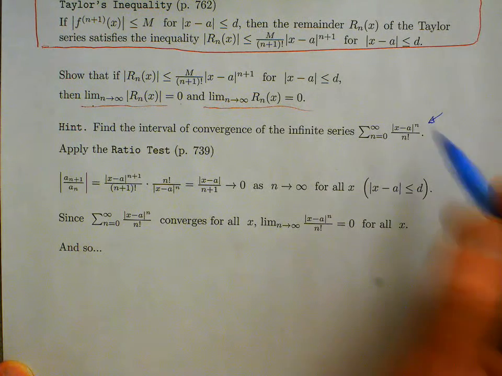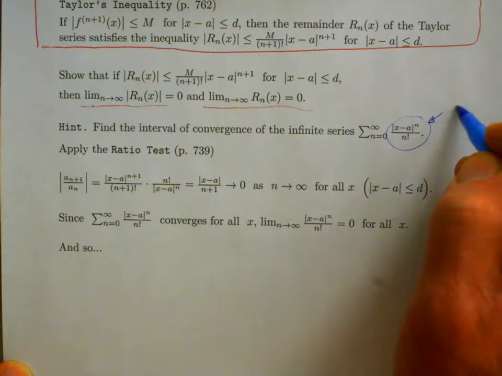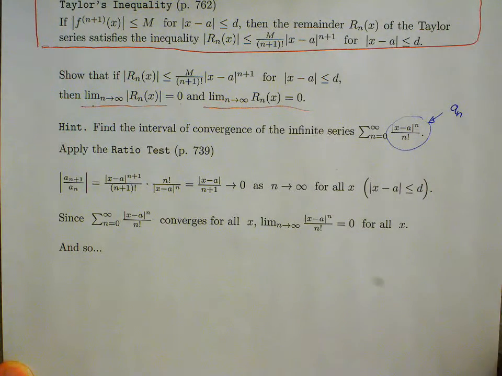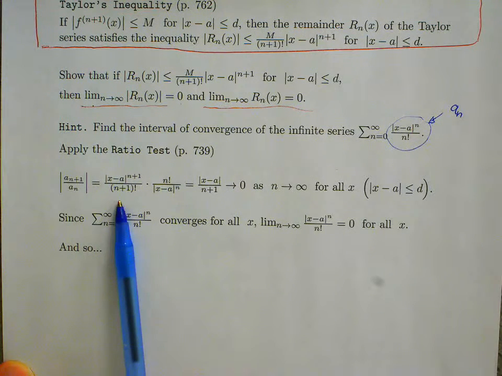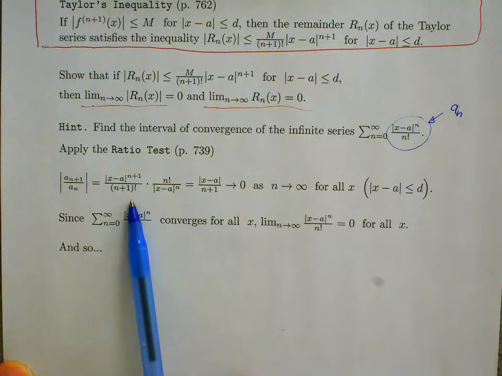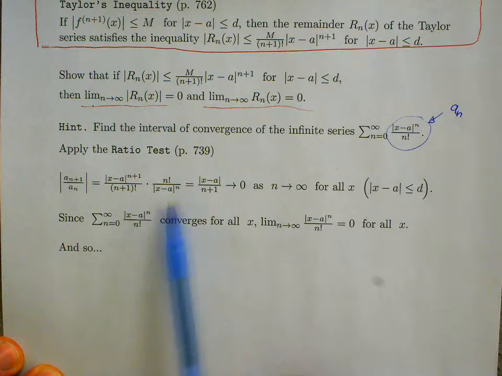So we're using this as our a sub n. And we get this expression, the absolute value of x minus a to the n plus 1 over n plus 1 factorial times n factorial over the absolute value of x minus a to the n.